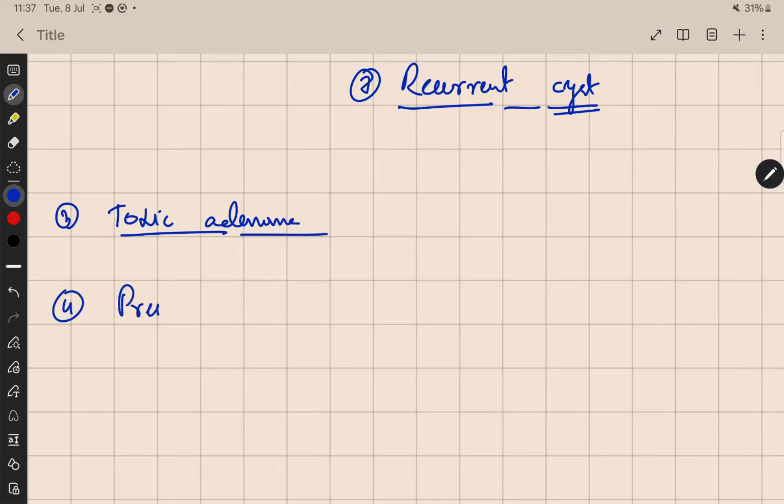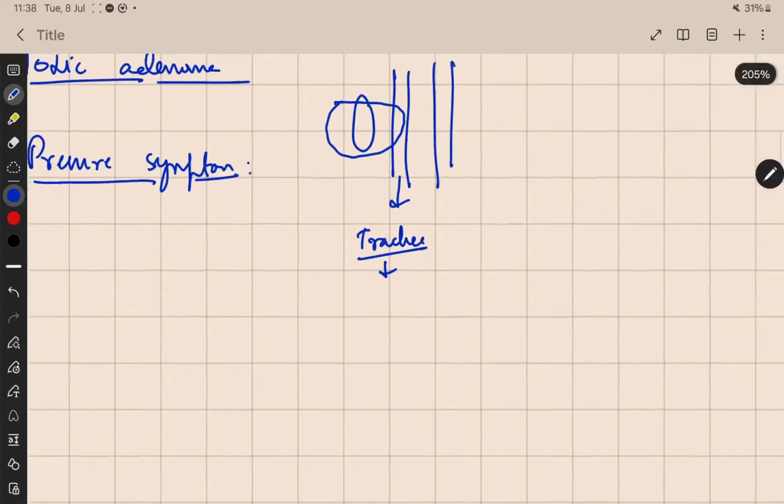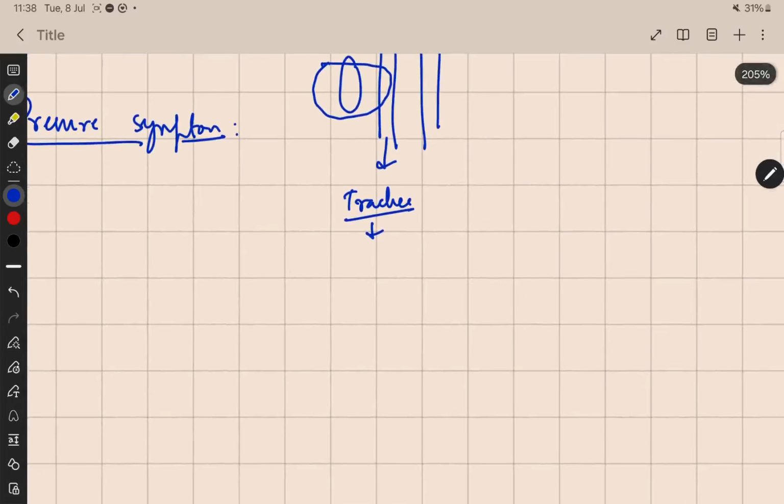Fourth is pressure symptoms. What are pressure symptoms? So here is the thyroid, here is the trachea, and here is the esophagus. If the goiter is very big, it will compress the trachea, which will cause difficulty in breathing.